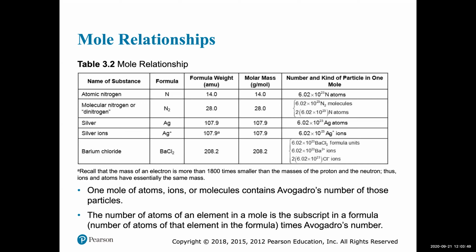You can see similar thinking down at the bottom with barium chloride. So this relationship between moles and atoms centers around Avogadro's number. The other thing to remember is that moles come as a result of molecular weights, and that's where you use the number of atoms times the atomic weight, and then sum that up to get the molecular weight.